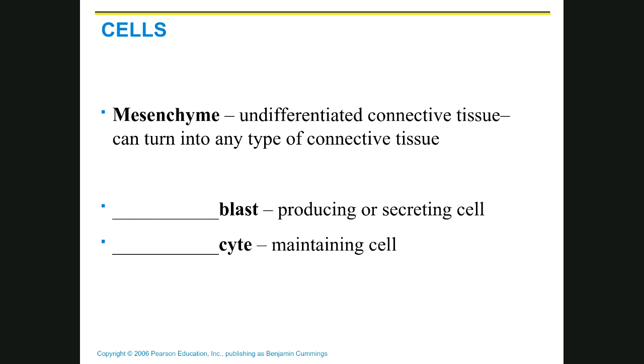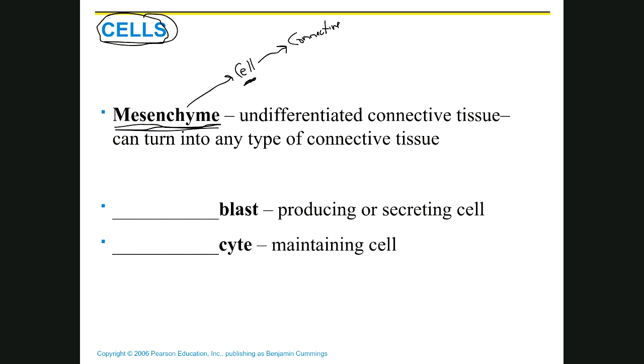And so what's going to happen is first the mesenchyme is going to turn into a cell, and then that cell is going to build the matrix, and then it will become whatever that connective tissue is. So when we look at it, we're going to see mesenchyme turn into cells first. And so we're going to look at cells of connective tissue.